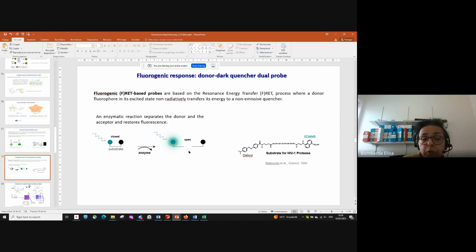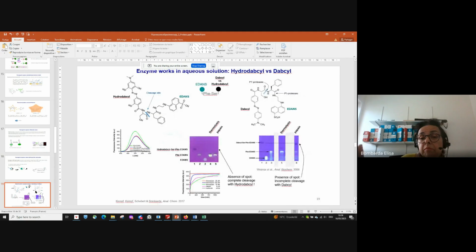This is actually fundamental, because, as I said, the products need to be released in the environment, and so we come to some problems that can exist also in the design of a probe, because you have to take care of this. Enzymes work in aqueous solution.